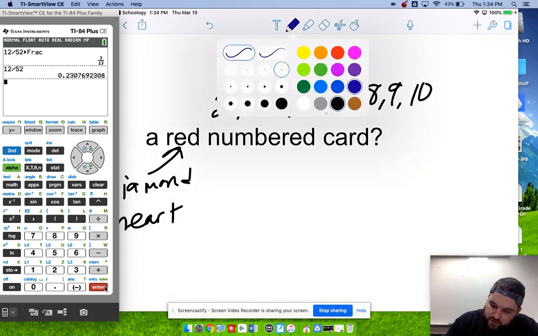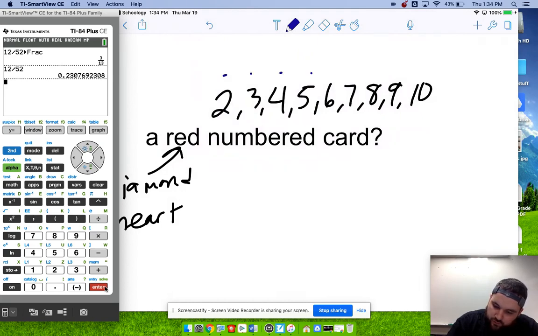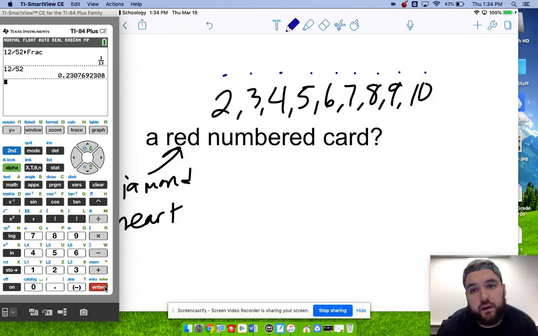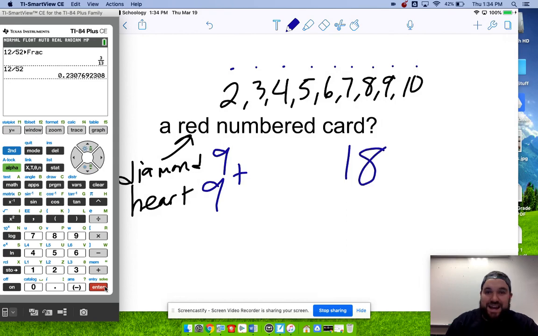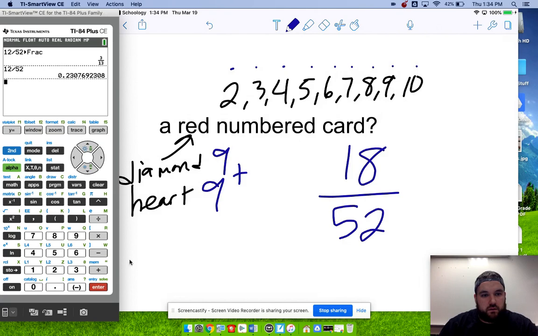If I count these up super quickly, 1, 2, 3, 4, 5, 6, 7, 8, 9. There are 9 different values that have numbers on them, which means there are 9 diamonds and there are 9 hearts. I add those together. My event space is 18 out of the 52 cards in the deck.